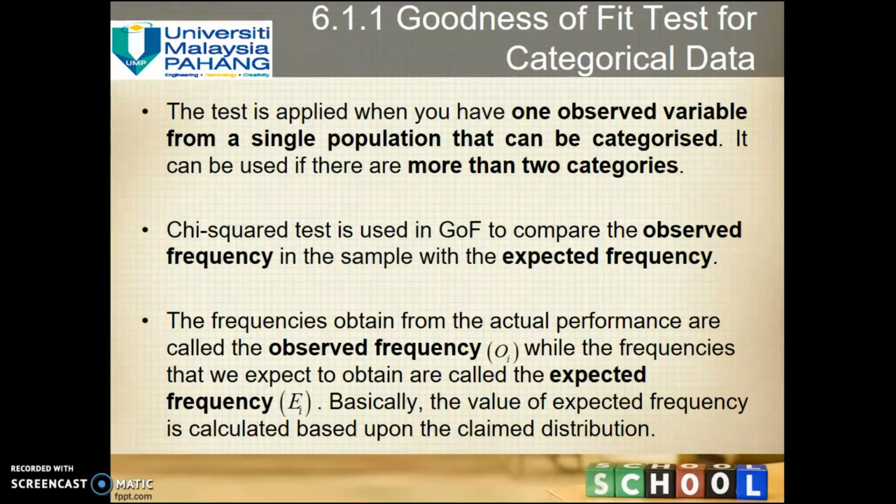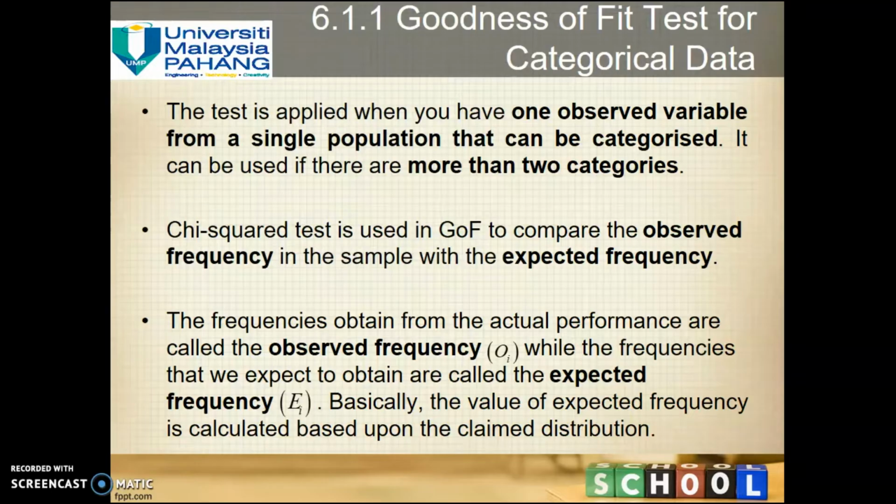You have to make sure the frequencies that you get are from a similar population. If you are talking about your MP students, then the data is from your MP students, and it can be categorized. So the type of juice can be categorized.